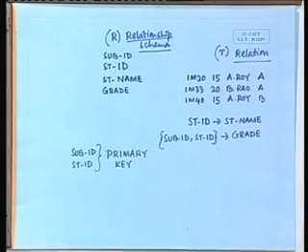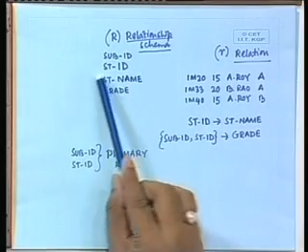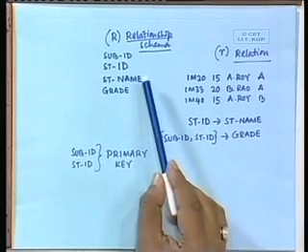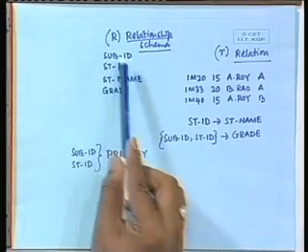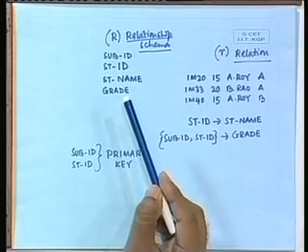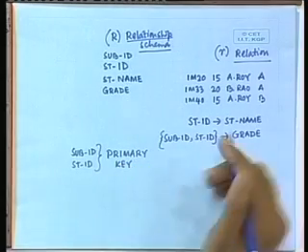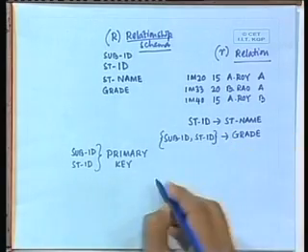But if part of the key agrees, can the whole key not disagree? Is it possible? Suppose student ID alone determines student name. That means in two tuples, if student ID agrees, student name has to agree. So in two tuples, if subject ID and student ID both agree, can student name be different? Not possible.